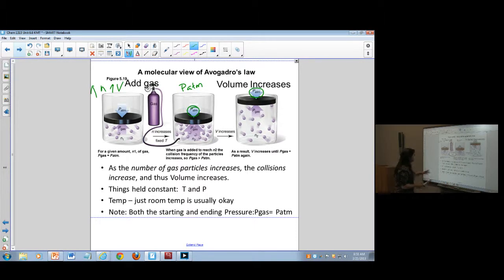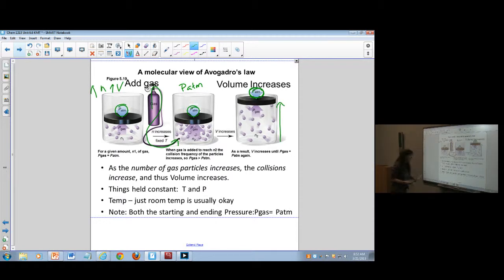So in this case, we have something sitting nice and happy with its pressure equal to the pressure of the atmosphere, and then we add some more molecules of gas. At first, we just add it in there. The pressure of the atmosphere, however, is no longer the pressure of the gas because we added more. They run into each other more because there's more gas molecules in there. This doesn't happen right away, but the pressure will restabilize at whatever the pressure of the atmosphere is, and you end up with an increased volume.